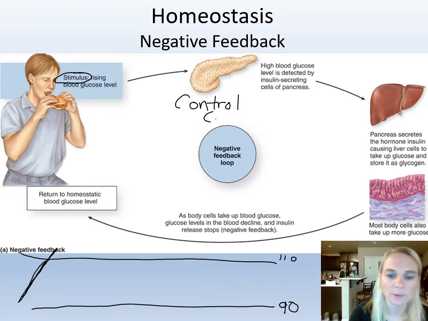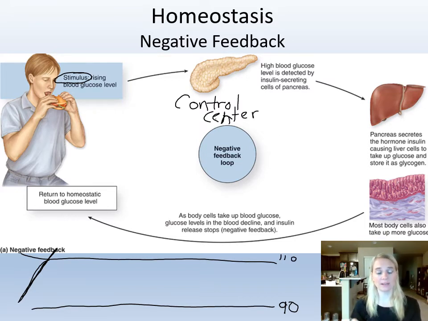Control center is the pancreas. It's not the brain in this situation. So receptors pick up my high blood sugar, send that message to my control center. My control center is my pancreas, which has cells that release a hormone called insulin.